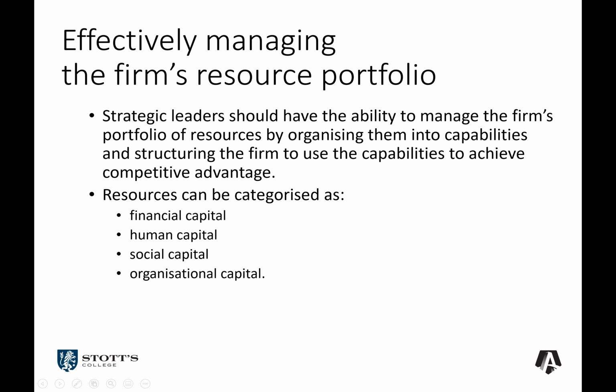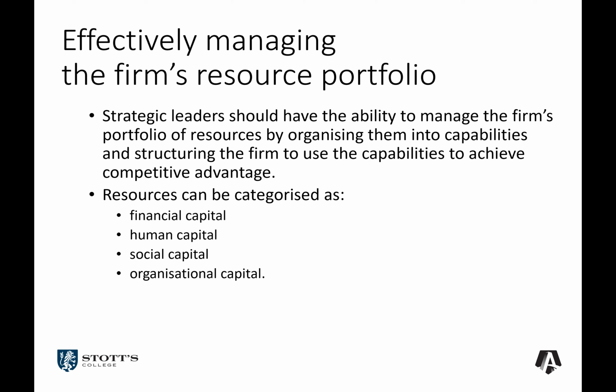The second action of strategic leadership is effectively managing the firm's resources. Remember our definition of strategy talked about the allocation of resources? Strategic leaders should have the ability to manage the firm's portfolio of resources by organising them into capabilities and structuring the firm to use the capabilities to achieve competitive advantage.